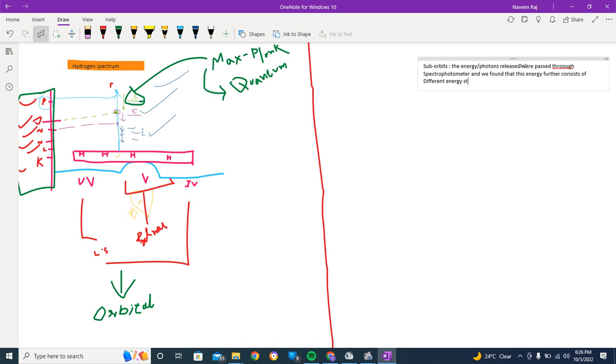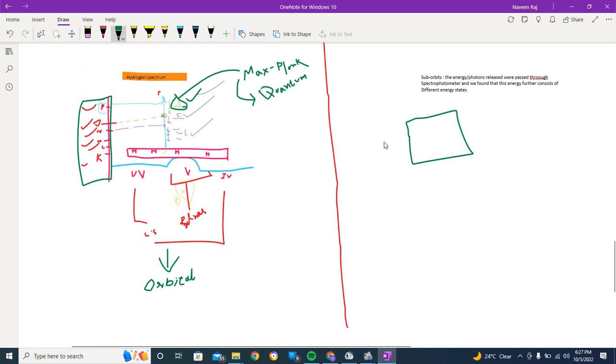Now let me make you understand what it says. First of all, we have this energy, right? We have a device, the spectrophotometer, SPM. SPM means spectrophotometer. Suppose this is orbit M, which has 18 electrons.